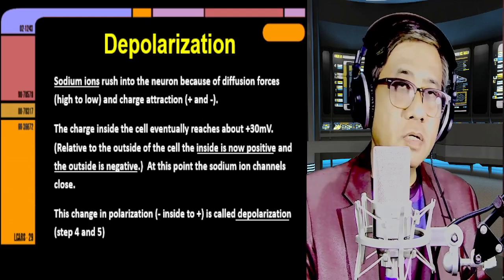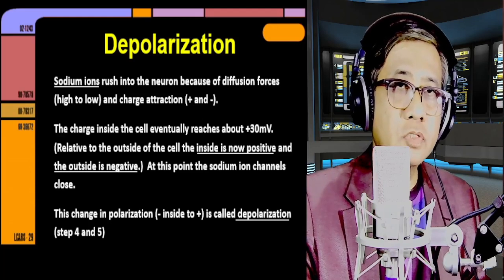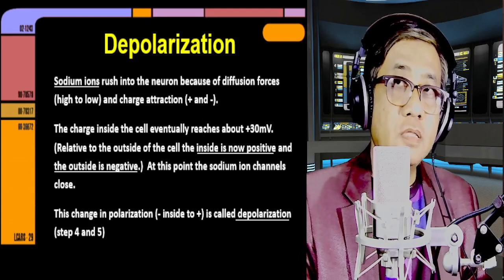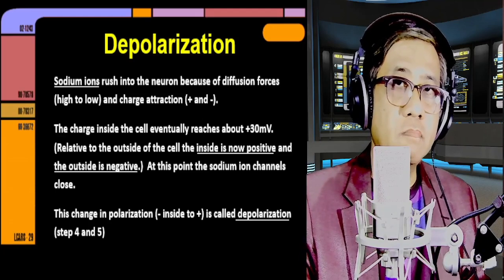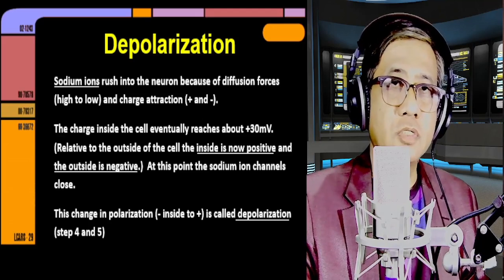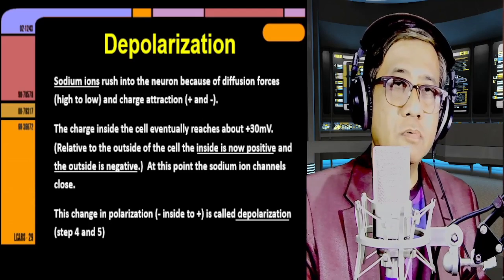The charge inside the cell will eventually reach about positive 30 millivolts. Relative to the outside of the cell, the inside now becomes positively charged and the outside becomes negatively charged. And at this point, the sodium ion channels will close.